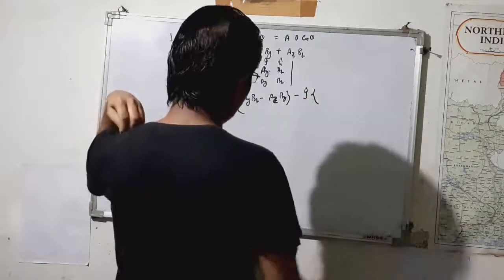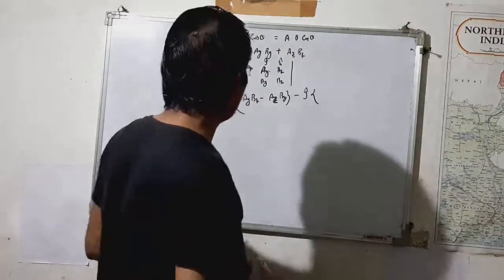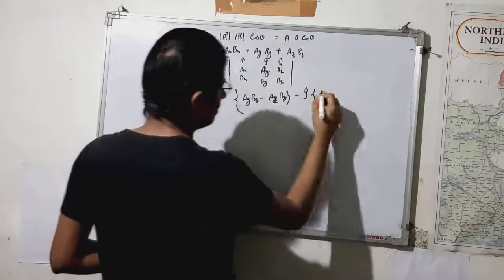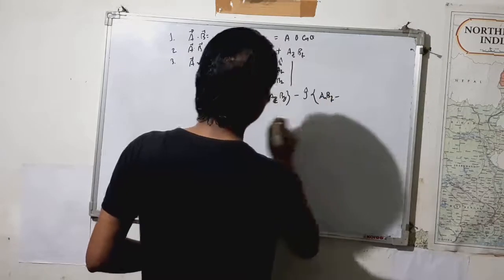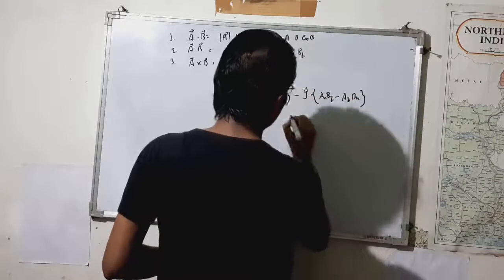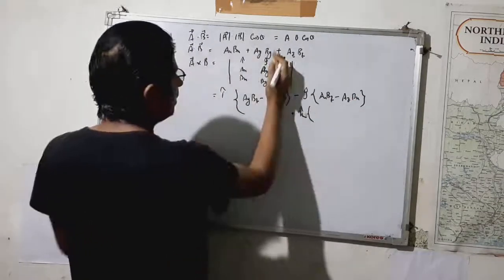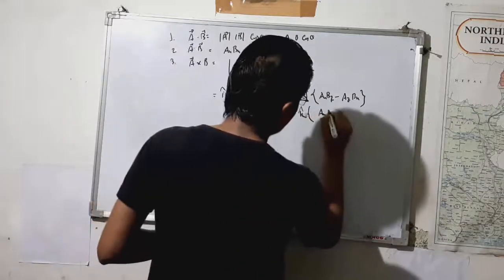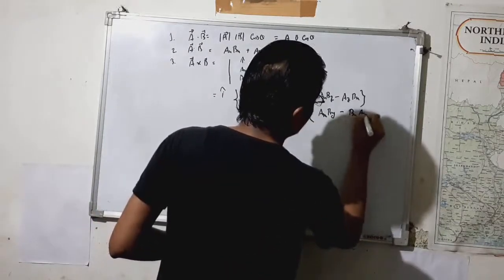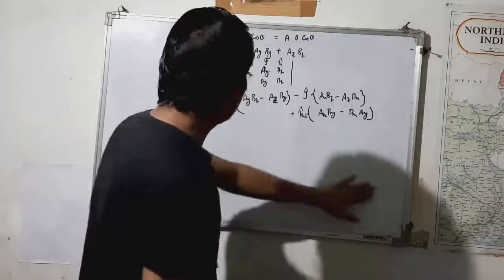Why I have put a negative sign here, please watch my second video, that is part 2, where I have explained these things. Here j equal to AX BZ minus AZ BX, plus k for AX BY minus BX AY. So in this way we can calculate the cross product.